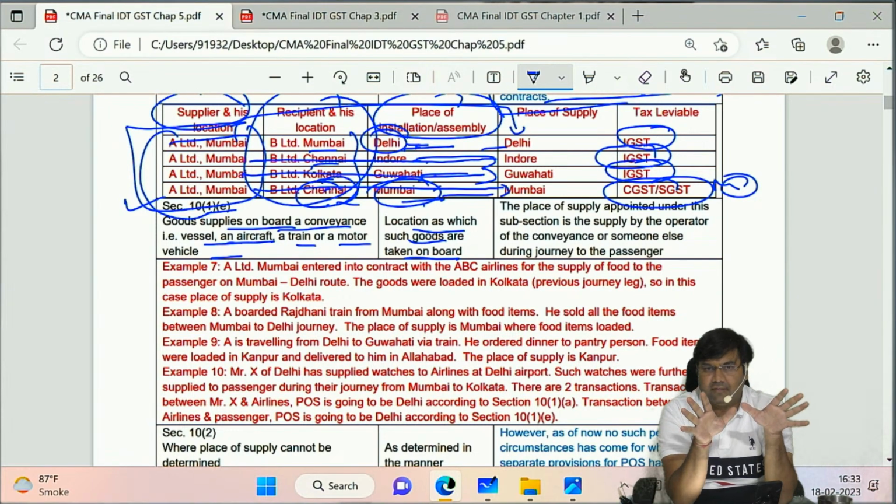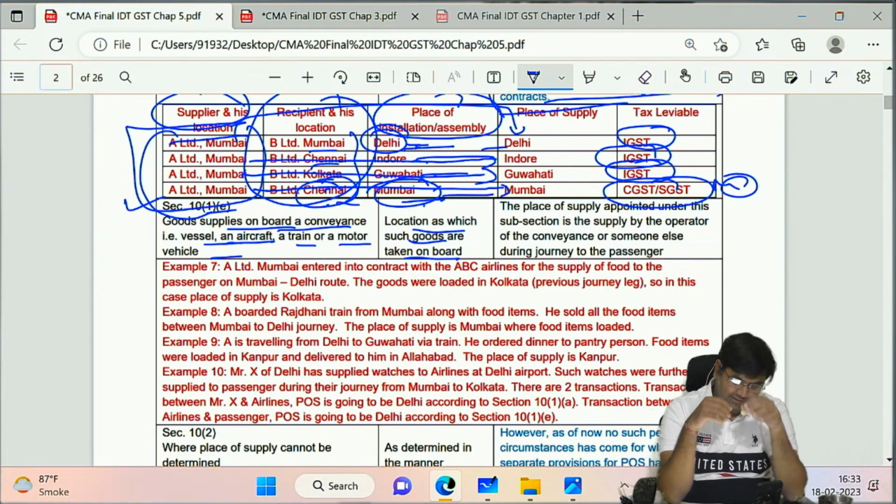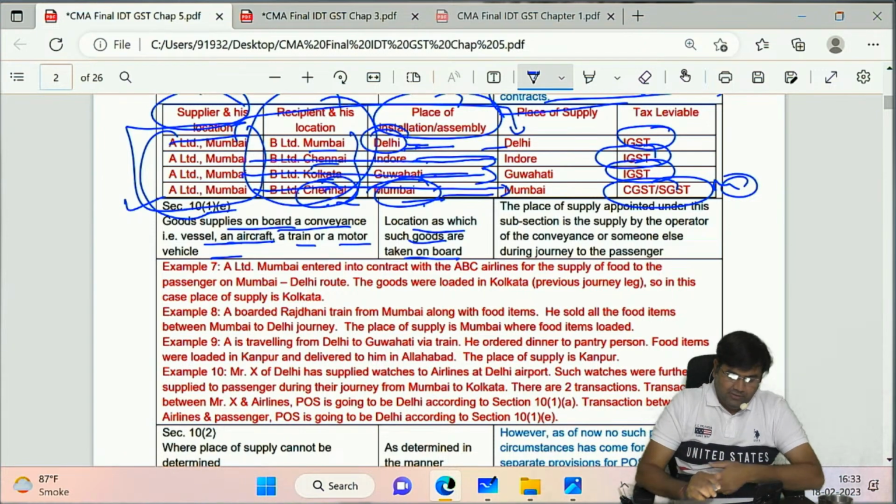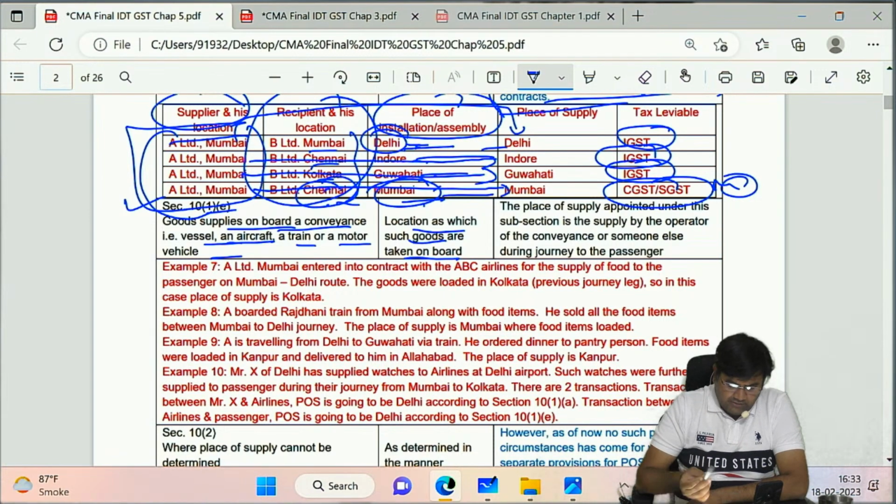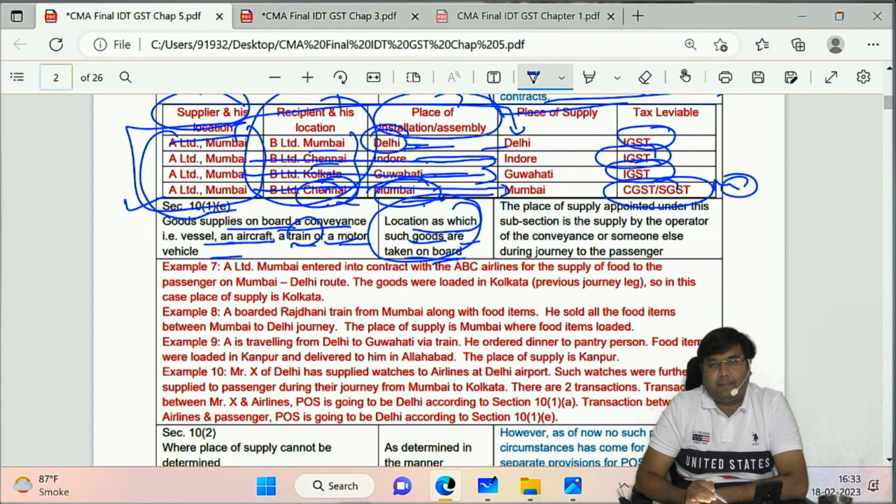You would have seen, correct? So what is going to be the place of supply for those vendors? This is the question mark. The answer lies here. In section 10, subsection 1, clause E, goods supplied on board a conveyance, a vessel, aircraft, a train, or motor vehicle: the location at which such goods are taken on board.